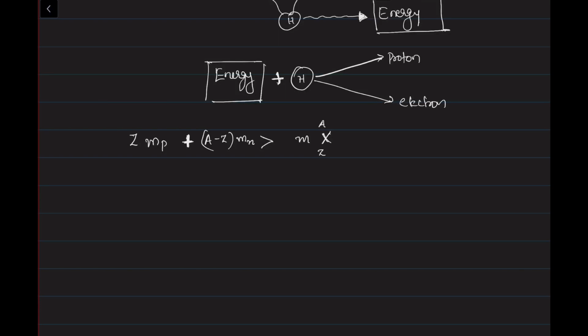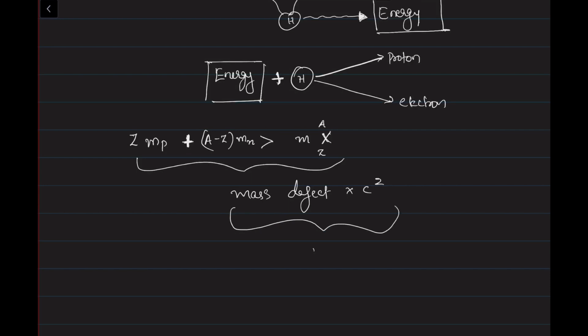So what is the reason for that? It is because of a defect. We call it mass defect, the difference in the mass. This mass defect times the square of the velocity of light is what we call binding energy. Got it? So here also you are expecting that the mass will be conserved, but it's not happening.